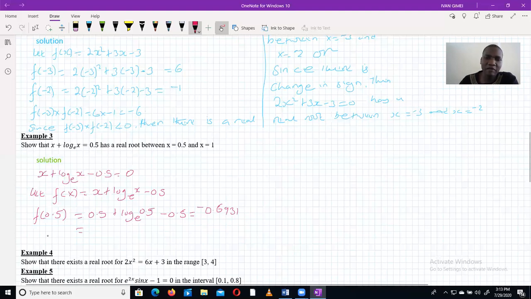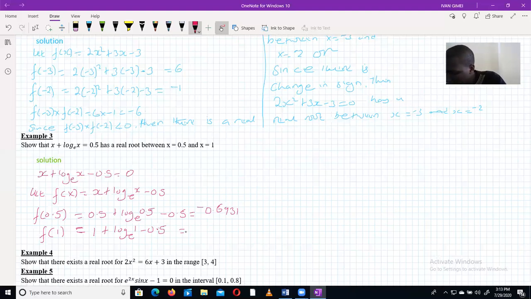Then what about f of 1? F of 1 would be equivalent to 1 plus the natural log of 1 minus 0.5. And this now gives us positive 0.5.